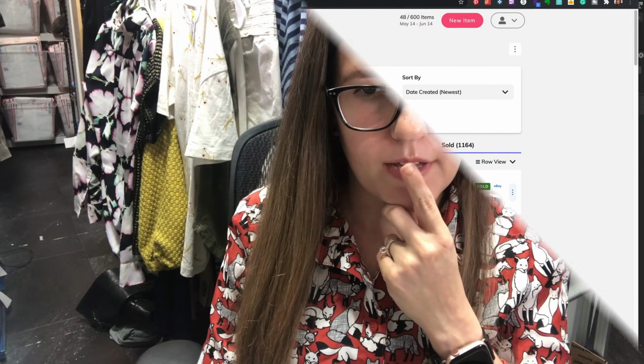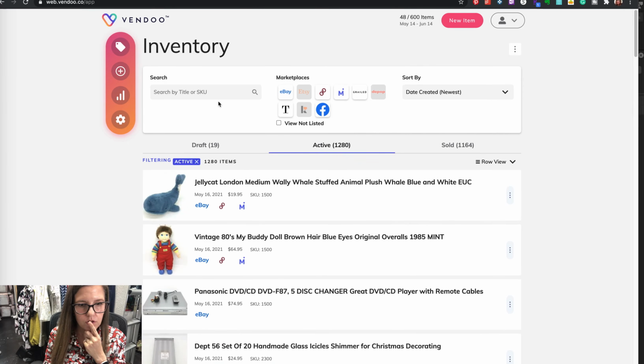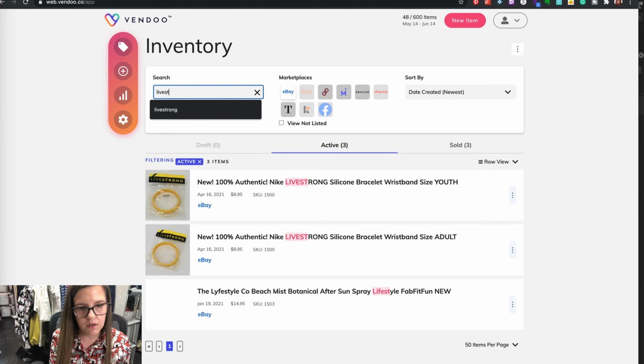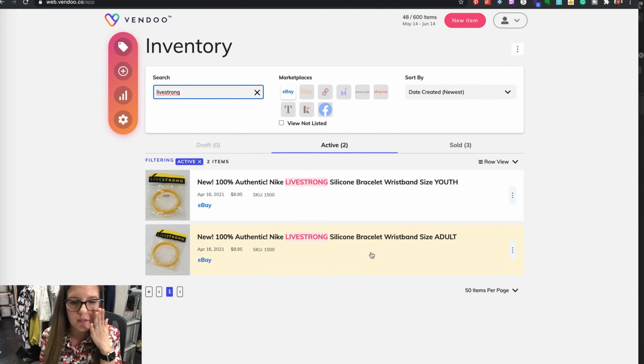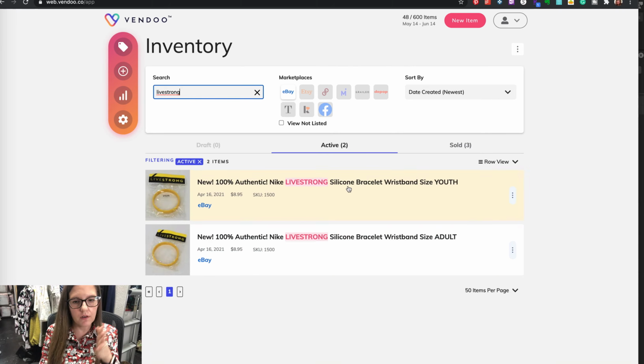Okay, we're back. There's one thing I wanted to bring up, and that is if you have multiple quantities of a listing. Take these Livestrong bracelets, we have a ton of them. I keep them active right here, and when I sell one, because I want to keep the listing, I go to these 3 dots and click copy.